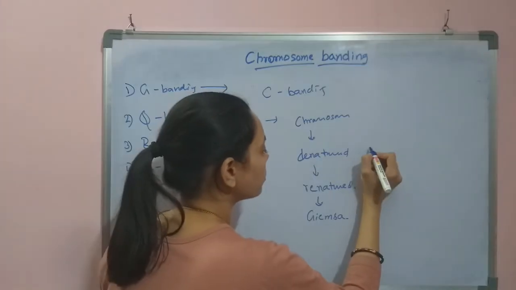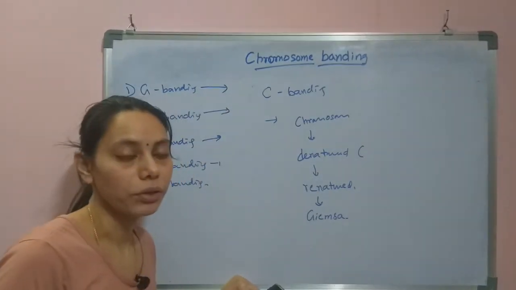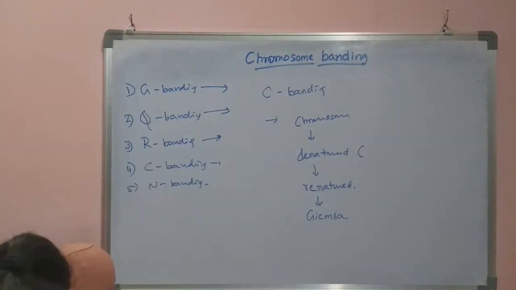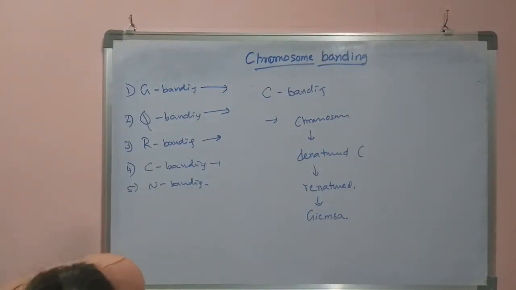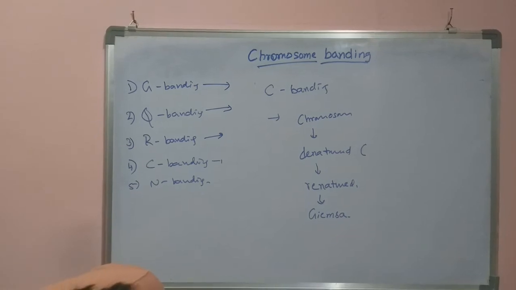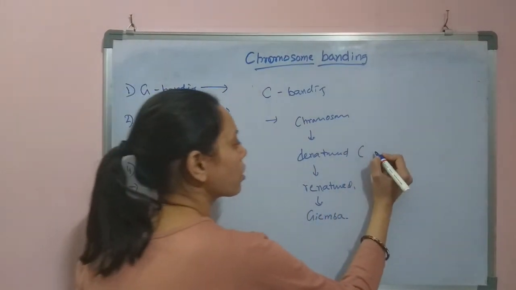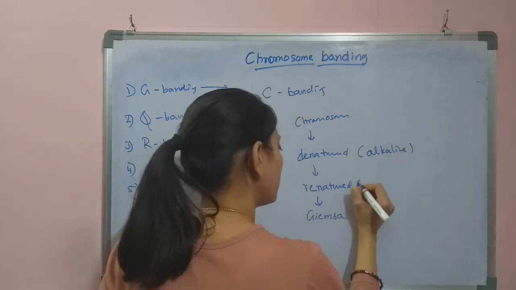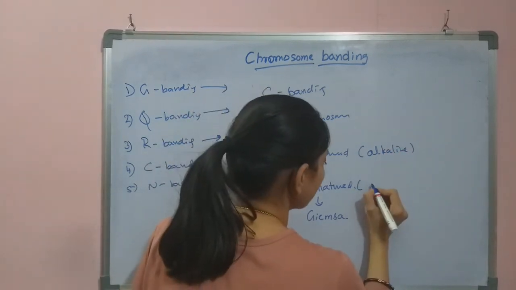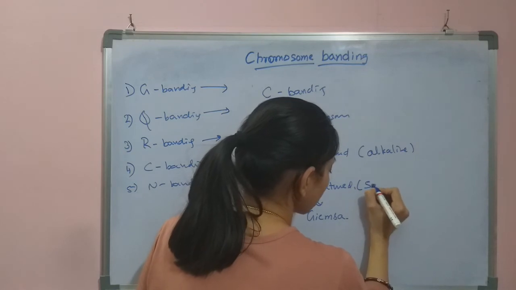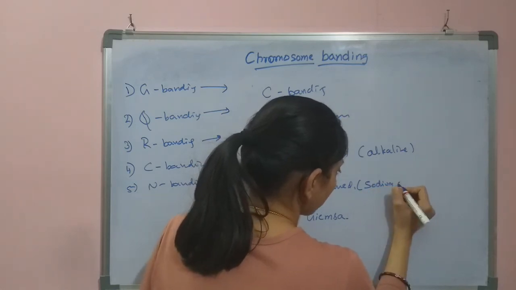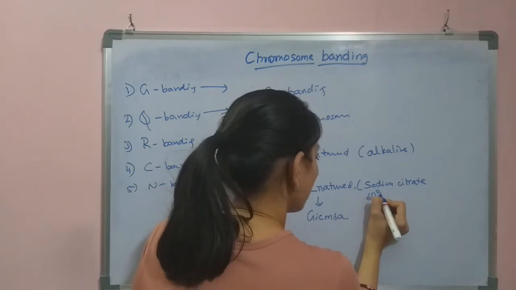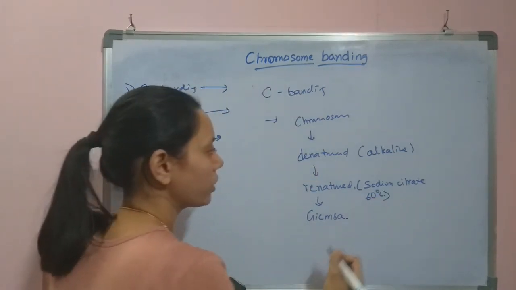Here the denaturation will happen using alkaline treatment, and the renaturation will happen using sodium citrate at 60 degrees temperature. So slightly they will be renatured.